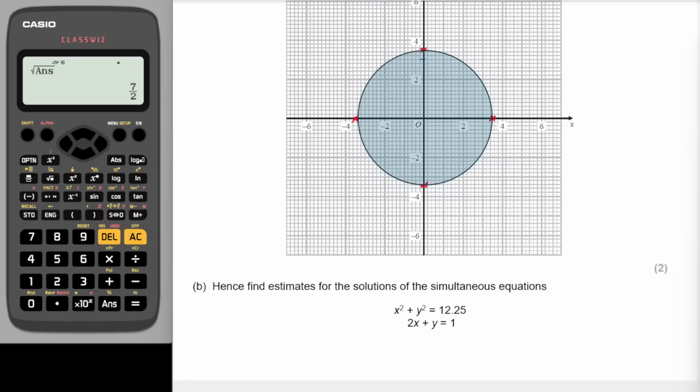When x is 0, y would be equal to 1. So that's going to have to be a point on there. And then when y is equal to 0, x would be equal to a half.